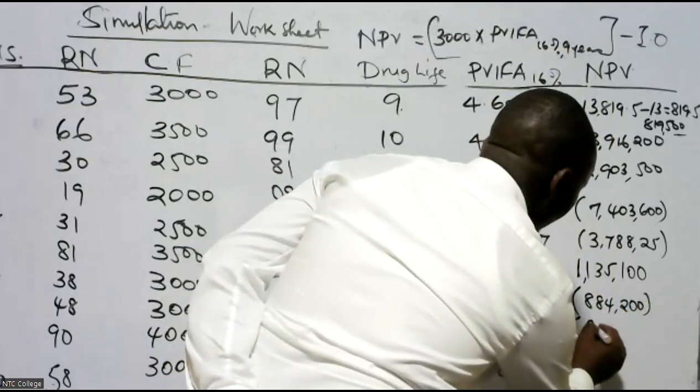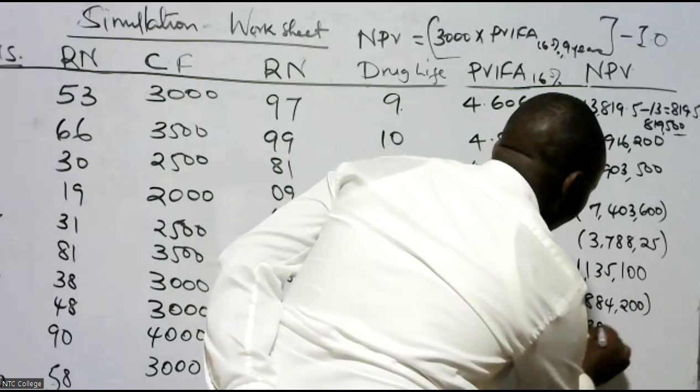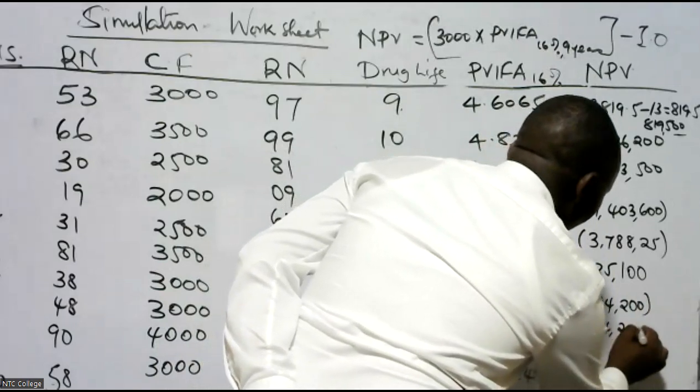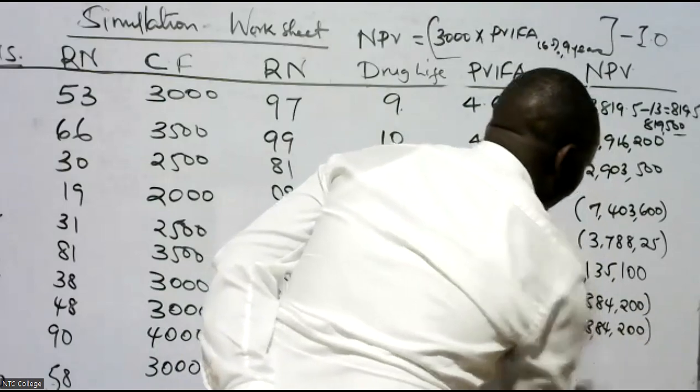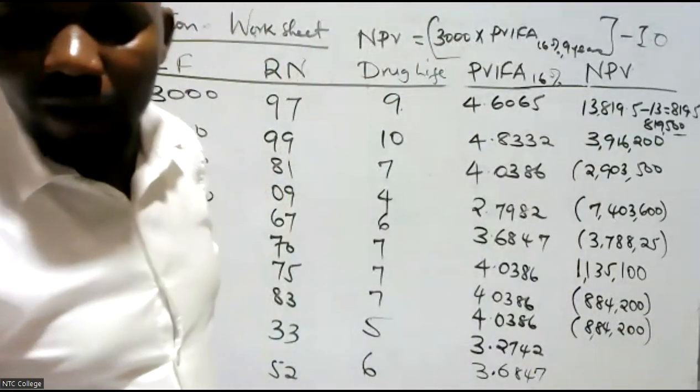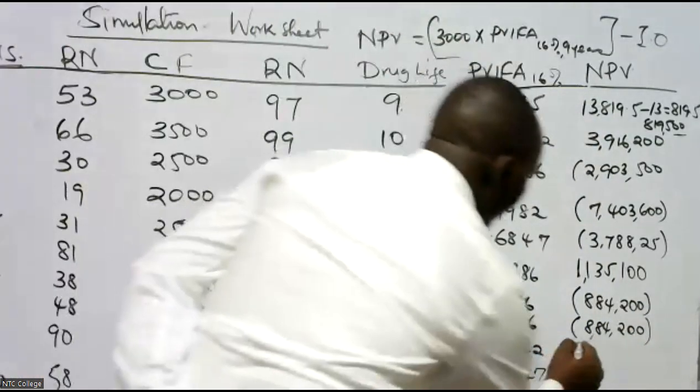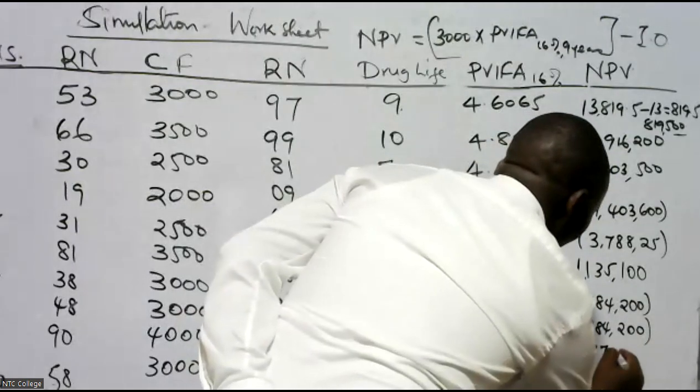Is also 8,884,200. Number 9 is 97, positive, 97,200.